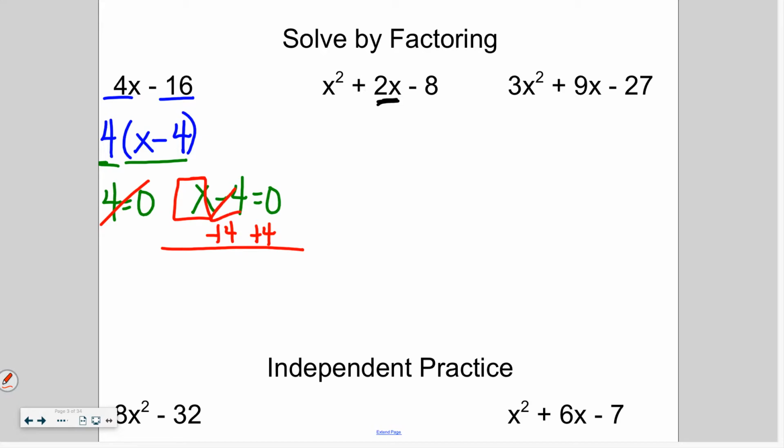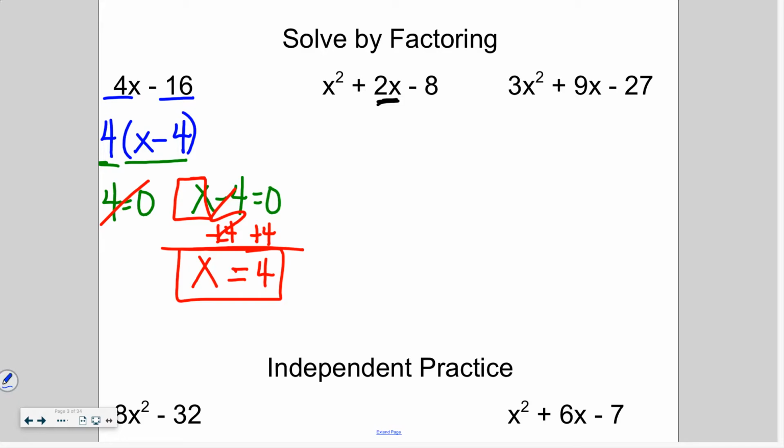When I do that, I get x on the left, and 0 plus 4 is 4. So that means if I plug 4 in for x, my answer is going to be 0. Okay? That's where my graph will hit the x-axis.